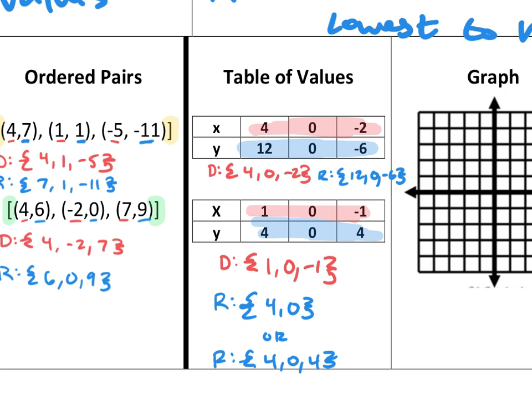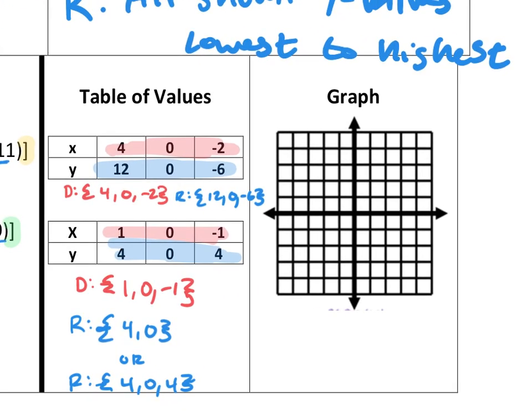Now, when we look at graphing, I'm going to show you two different ones. If you get a graph that looks something like this, where there are just random dots all over the place, this is the type where you would have to find the coordinates of each point, list them out, and then collect all that information and write it out. I'm not going to do that right now.